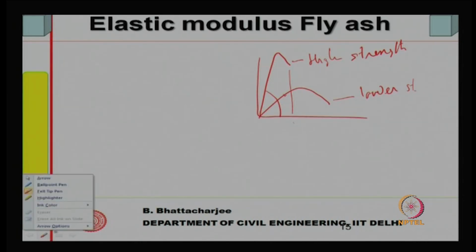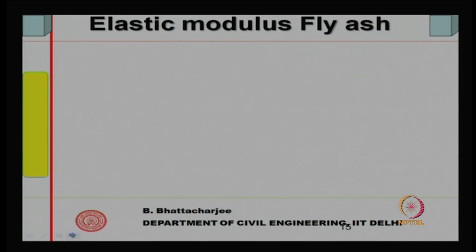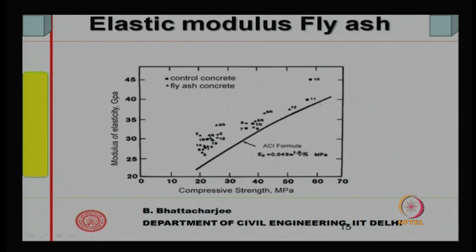Now, if you look at the behavior in general and the codal diagram, you see compressive strength versus modulus of elasticity. I said that everything can be related to compressive strength, modulus of elasticity can be related to compressive strength like it is done in normal concrete, and with mineral admixtures also you can relate it to compressive strength.